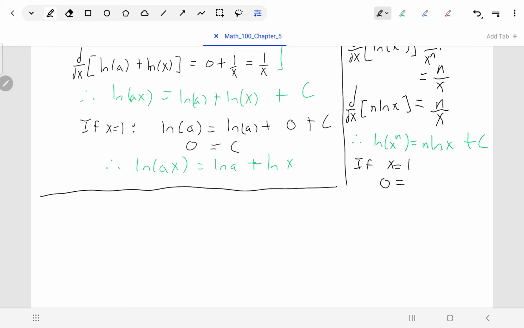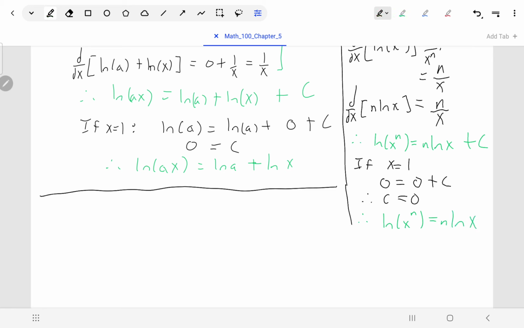You'd have n times natural log of 1, which is n times 0, which is 0. In other words, c must be 0, and so natural log of x to the n is equal to n natural log of x.